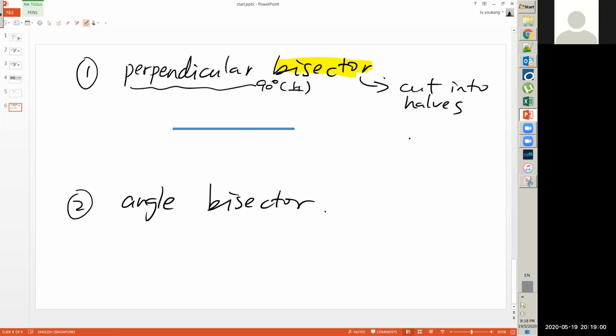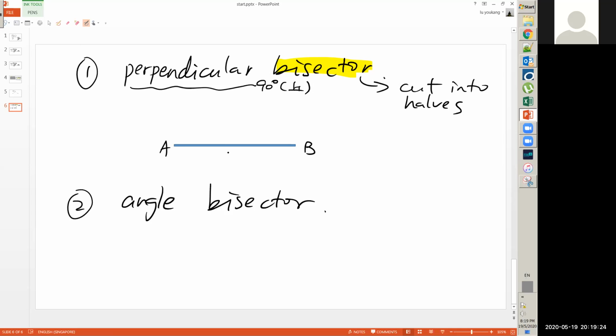Now if you are given this line, let's call it line AB, how do you draw the perpendicular bisector of this line AB?